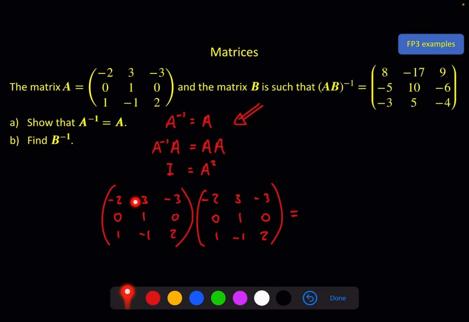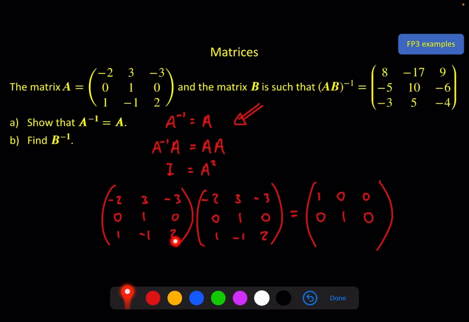So if we do this, first row, first column, we get 4, 0, minus 3. 4 minus 3 is a 1. That's a good start. Minus 6 plus 3 plus 3 is indeed 0. And 6, 0, minus 6. Yeah, it's looking good. 0, 0, 0. 0, 1, 0. 0, 0, 0.